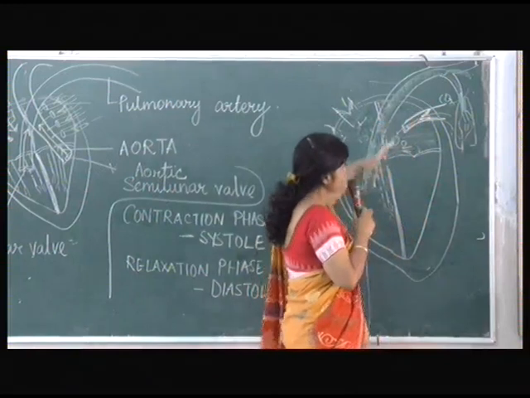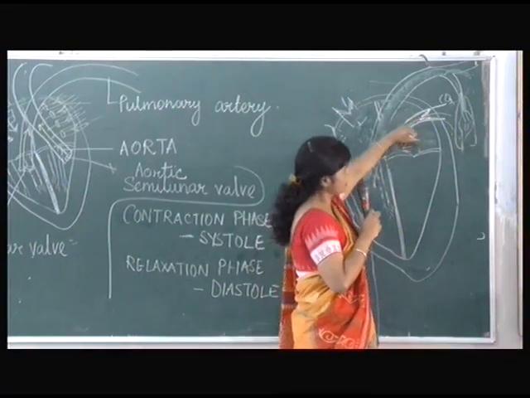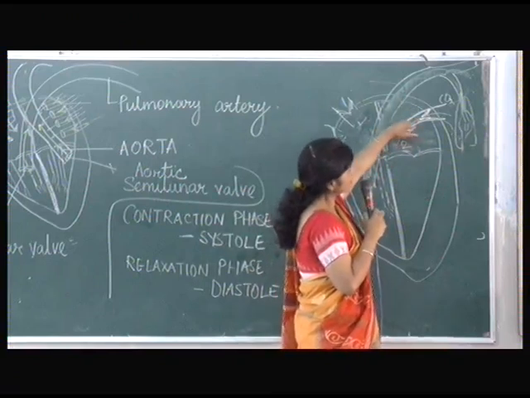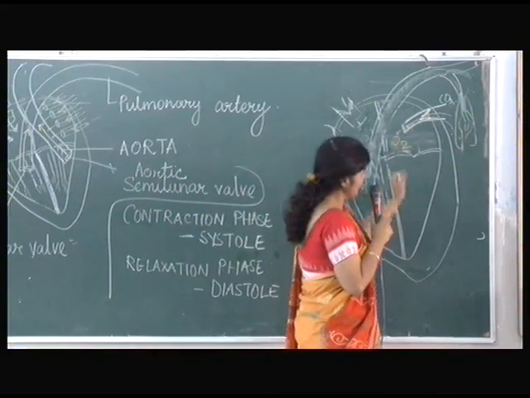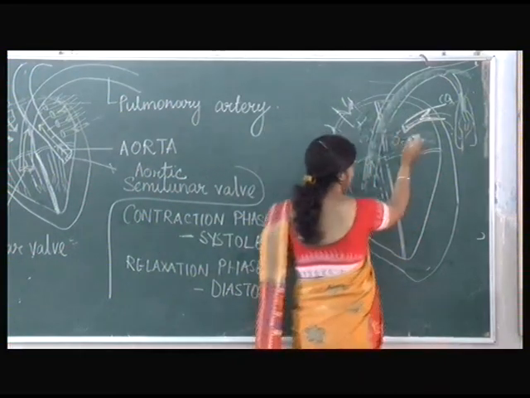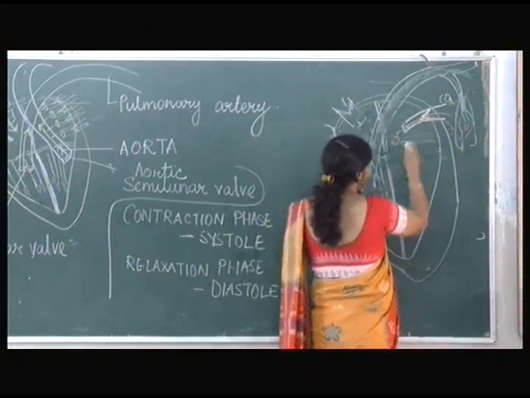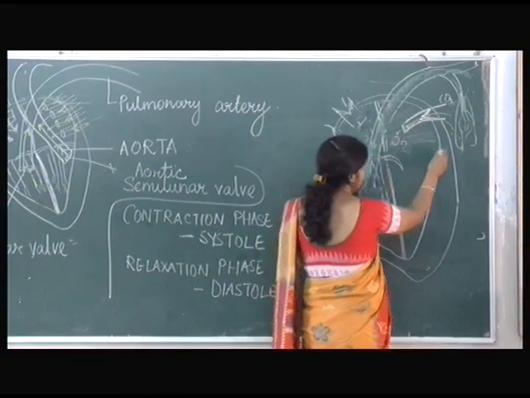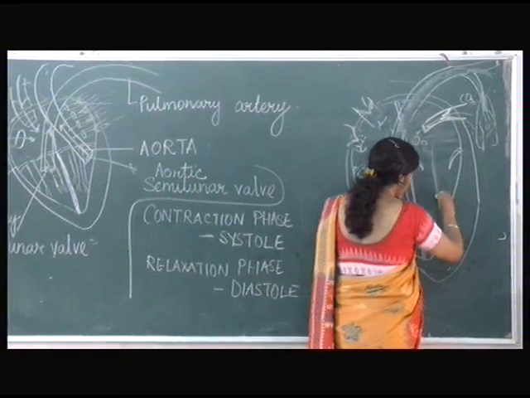Now this contracts because it has to send blood to the next chamber. Now it contracts. So what is the contraction? The auricles are systoling and the ventricles will receive, so they are diastoling. Is it clear? Now the next thing we will see, by this time these valves will close and here these will open. All right, the oxygenated blood gets into the ventricle.